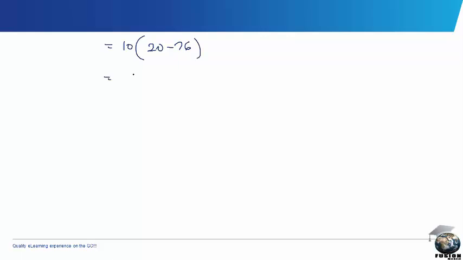So we have 10, and so 20 minus 76 gives us, sorry, it should be minus 56 from this point. That's wrong earlier.